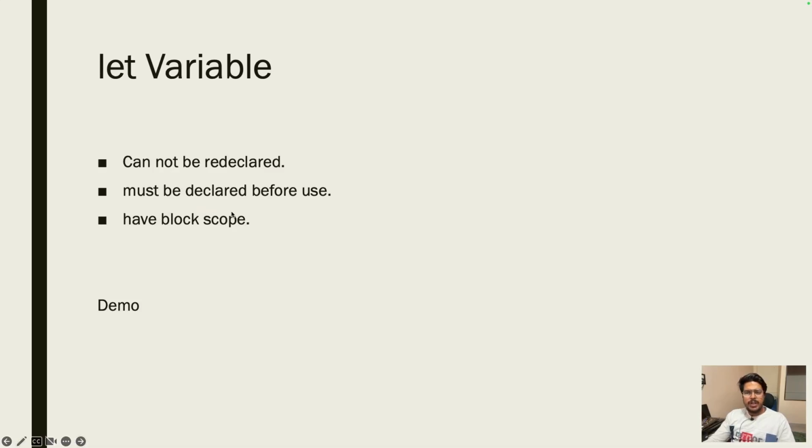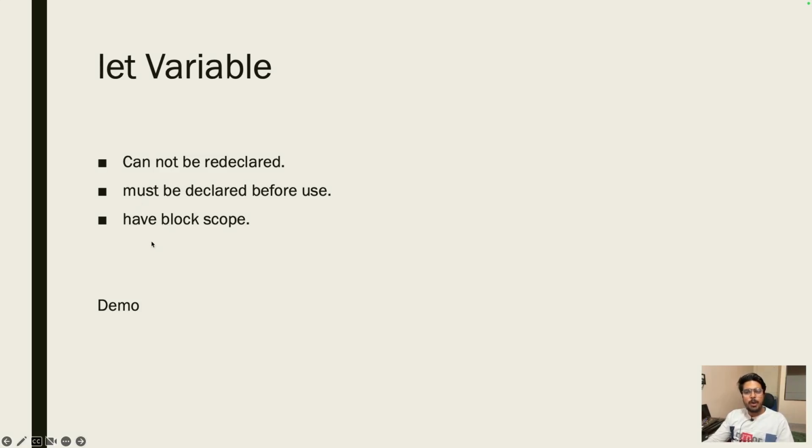Second, it must be declared before use. With var, we can use the variable even though it is not declared, but with let, first we have to declare the variable, then use it, otherwise we will get an error.